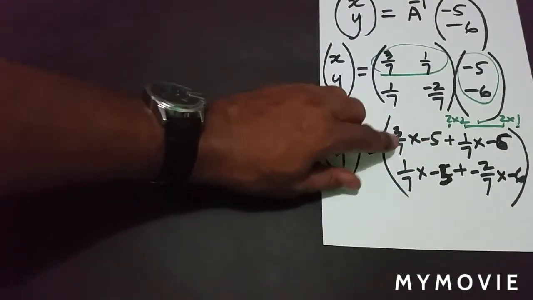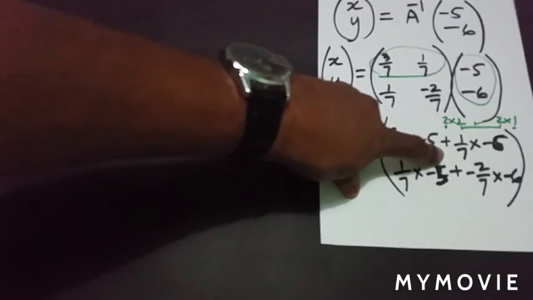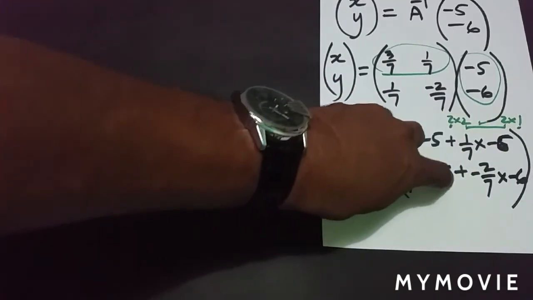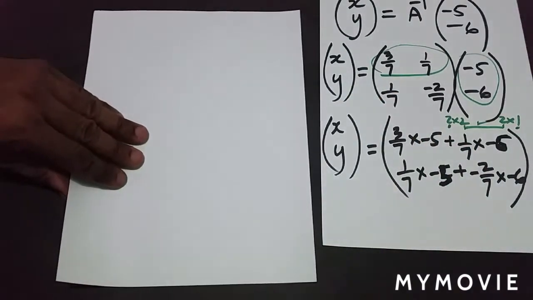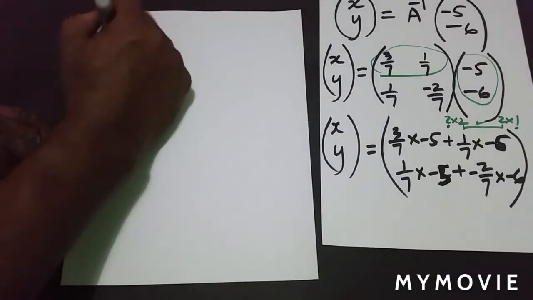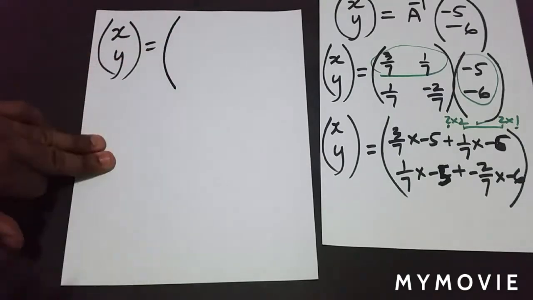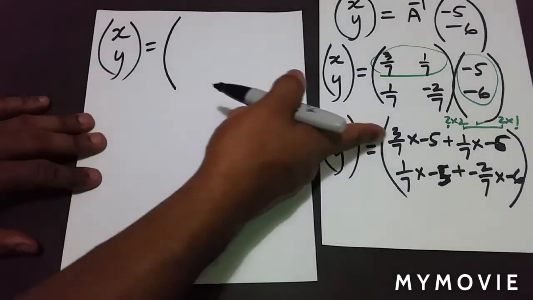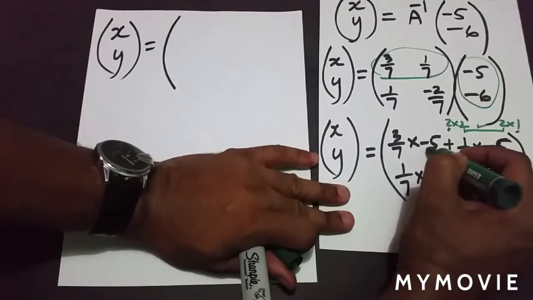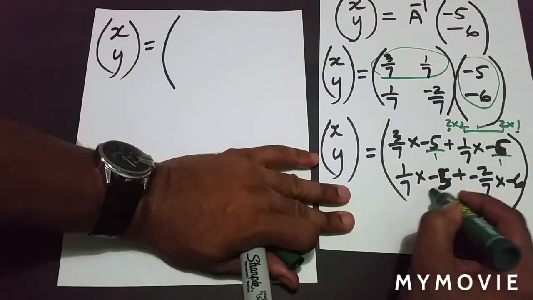All right. So what we have here, let me move over to another page. Let me get rid of this. Slide this over. So what we have here is 3/7 times -5 plus 1/7 times -6, 1/7 times -5 plus -2/7 times -6. So let's see what we end up with so far. So x, y equals, nice and tidy. So you're just multiplying numerators because remember that -5 is the same as -5/1, -6/1.